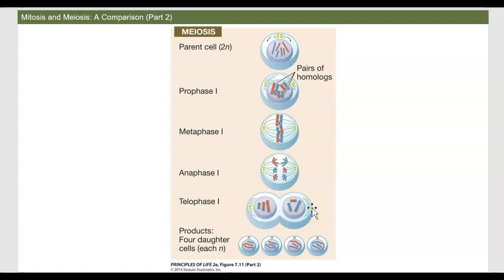But then we're going to go on and do kind of the same thing again, except there's no copying of genetic information. So when we split again, we're going to end up in the second telophase with these 4 cells here. So there'll be a prophase, metaphase, anaphase, telophase 1, and then the same thing, prophase 2, metaphase 2, anaphase 2, telophase 2, and cytokinesis.